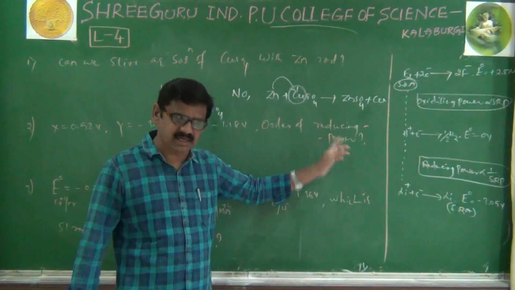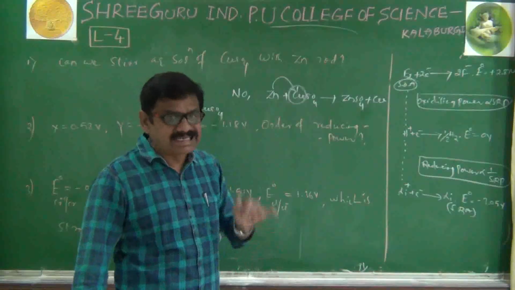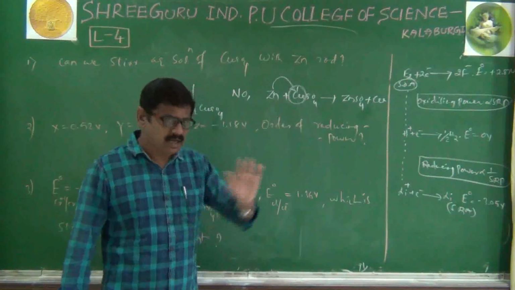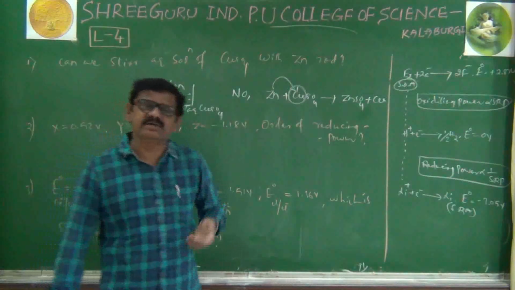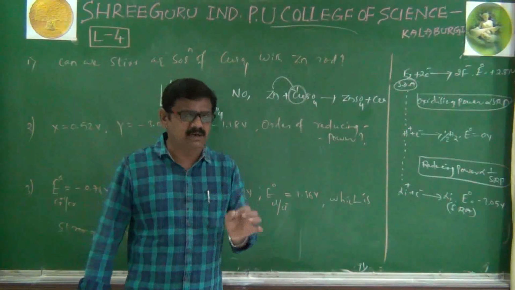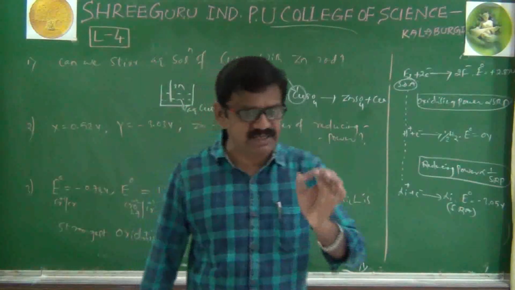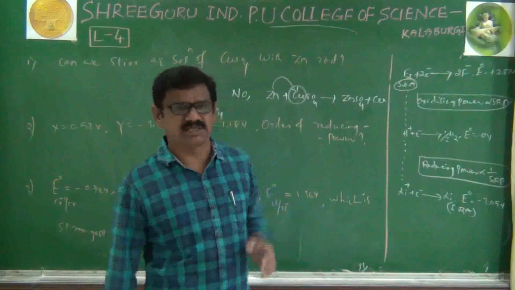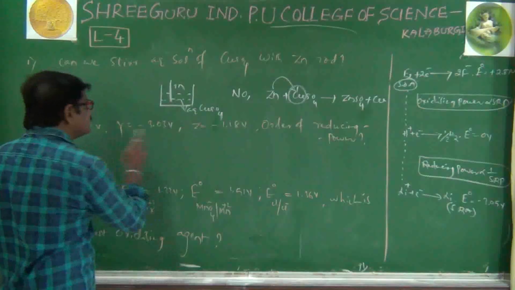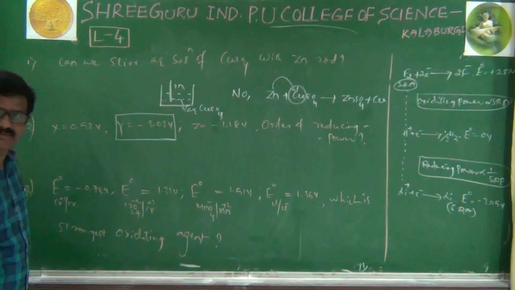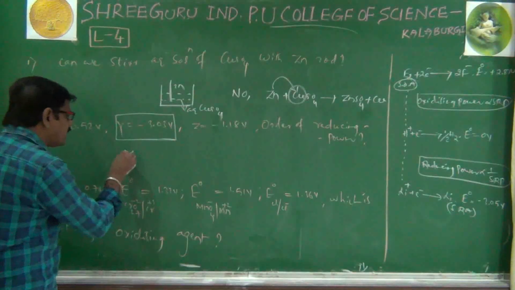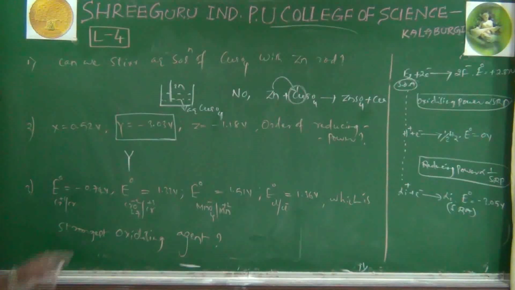Reducing power means reducing others while itself undergoing oxidation. Then which element oxidizes easily? The one whose SRP value is very low undergoes oxidation easily. Out of these three, Y has a very low SRP value, so Y undergoes oxidation easily.